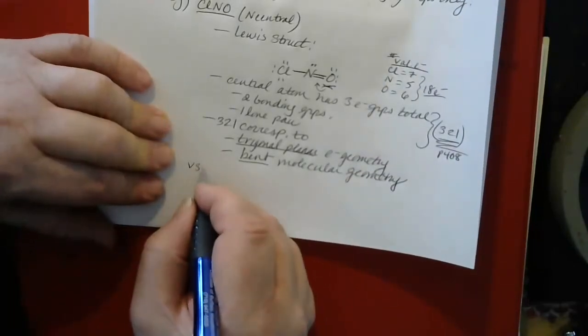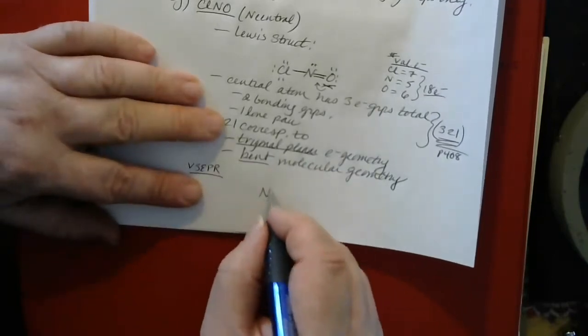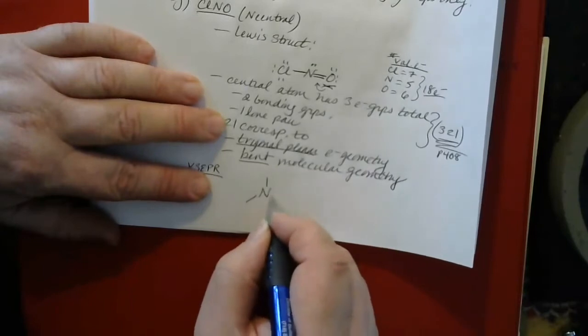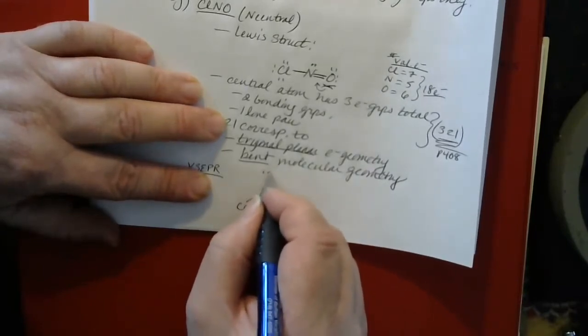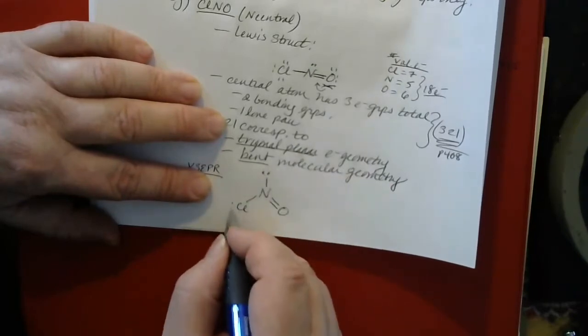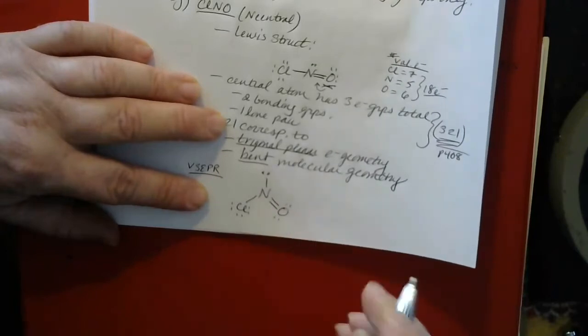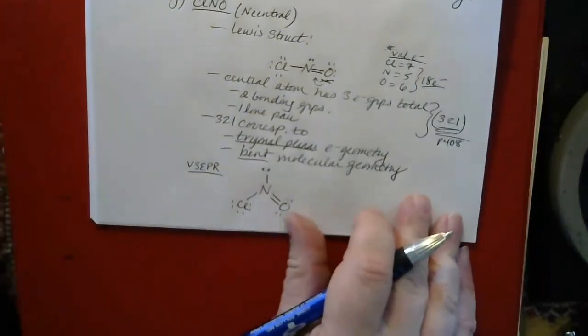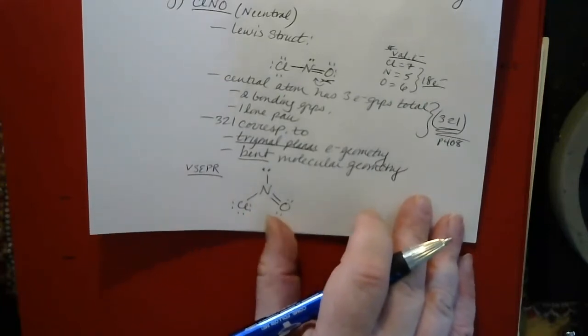For the VSEPR shapes, you would have something like this. Like I said, you don't actually have to draw the lone pairs on the outer atoms for a VSEPR structure, but I did anyway in this case.